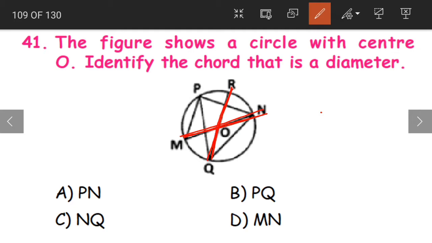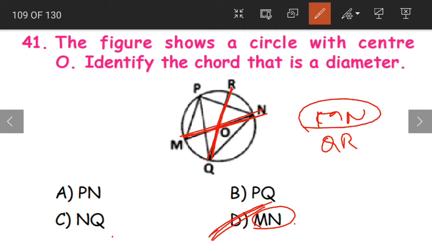So the chords MN and QR become the diameters of the given circle, and from the given options we have only MN. So MN becomes our correct answer. But apart from MN, QR is also the diameter of the given circle, children.